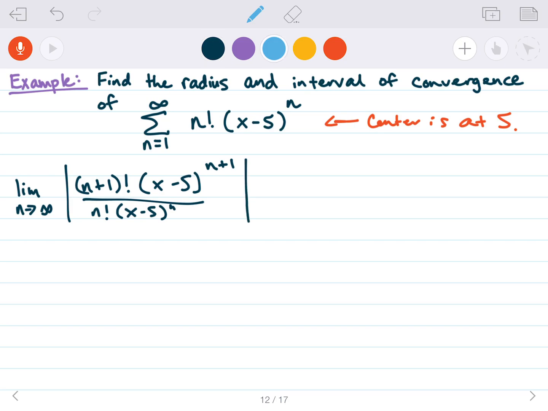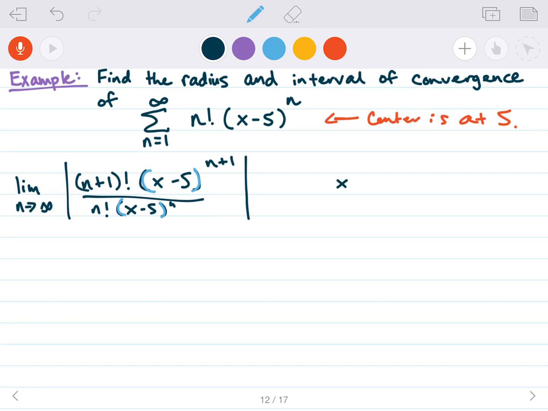I notice that I have the same base of x minus 5. So using my exponent rules, I can keep the base and subtract the bottom exponent from the top exponent to give me x minus 5 to the 1. So this is the limit as n goes to infinity of x minus 5 to the 1. I'm not going to write the 1.